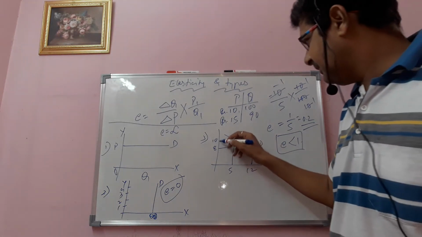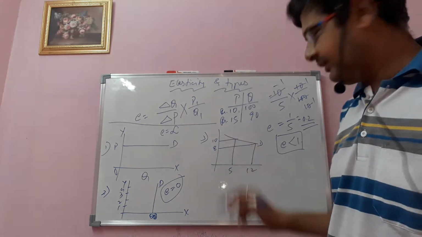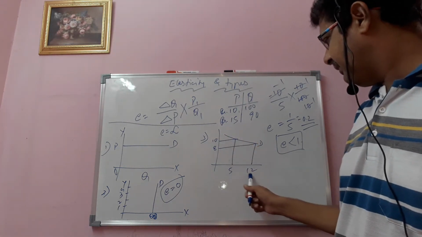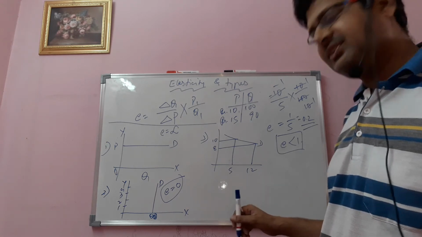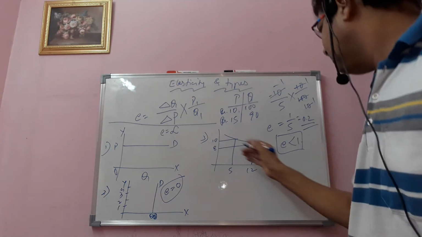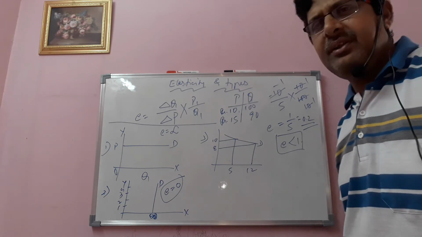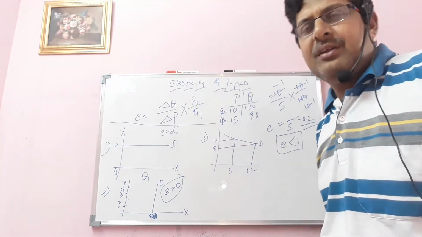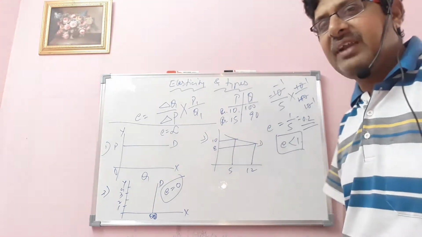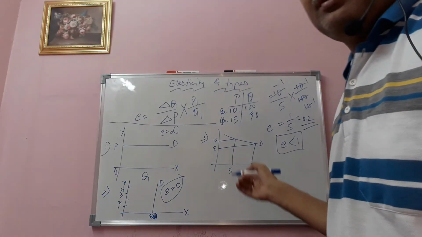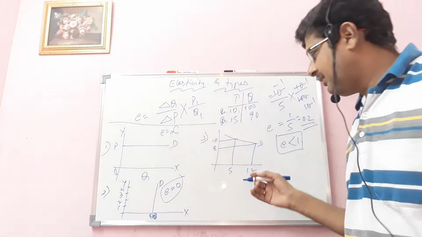Here the percentage change in price is only 20%, 10 to 8, but the change in quantity is 120% or more. So quantity demanded changes more than the change in price. Where the demand curve is flatter, that is called relatively elastic demand.